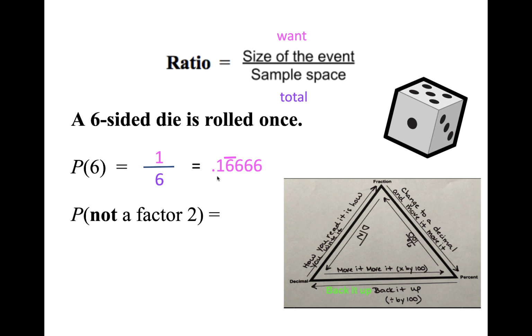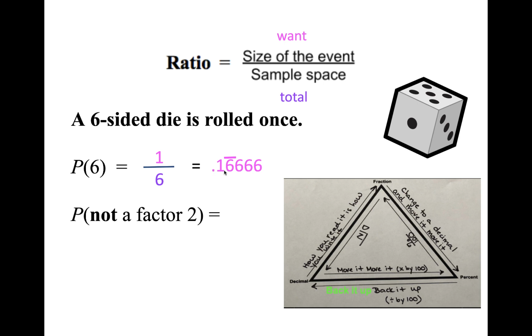Now, another way to write probability is as a percent. Do you remember how we go? Imagine our triangle back from Unit 5. How do we go from a decimal to a percent? We listened and watched part of the movie Madagascar to help us. We move that decimal 2 times to the right. That means we're multiplying this decimal by 100 because a percent is in relationship to 100.